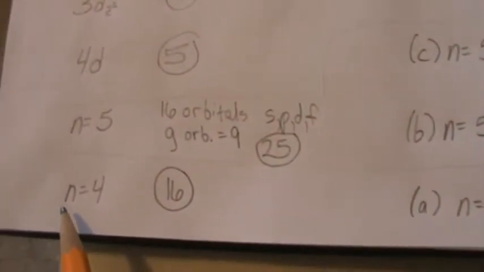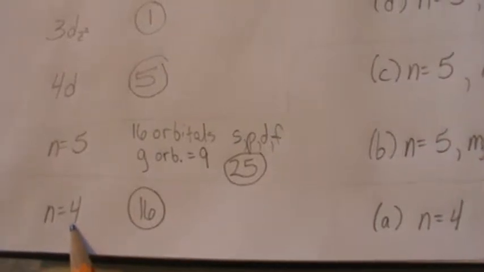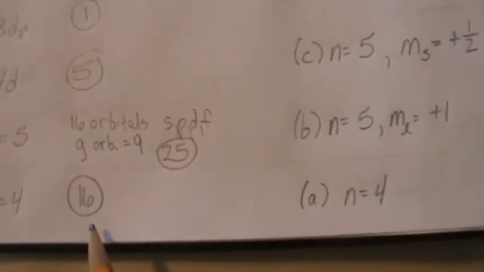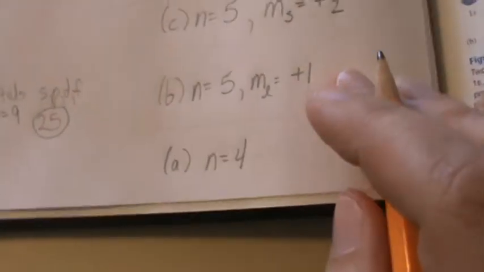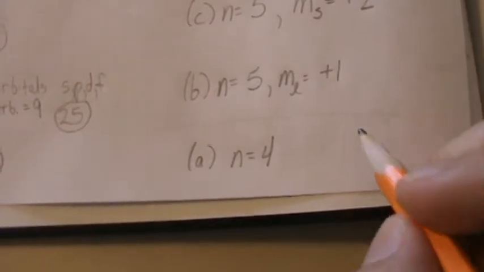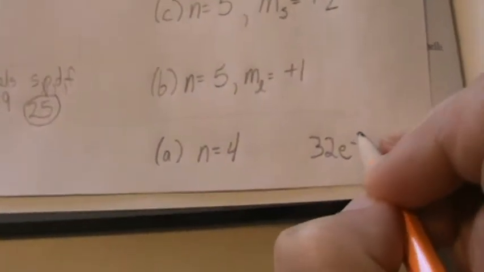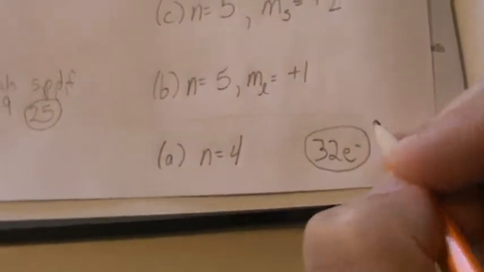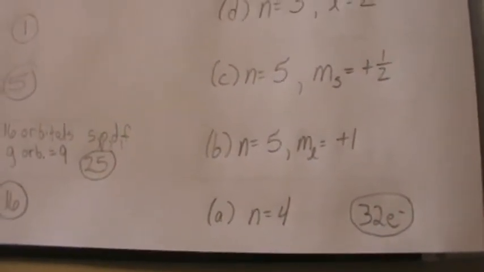Okay, so we said here that in the n is equal to 4 orbital energy level, we have 16 orbitals. And since each orbital can take 2 electrons, that means that we would have 32 electrons in the n is equal to 4 energy level.